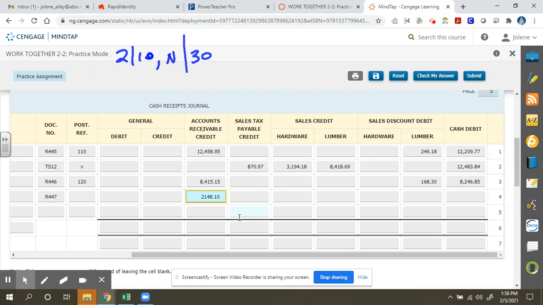But they're getting a discount. They're still paying it in that 10 days. So I take this times the 2%. $42.96. Do it again just to make sure.